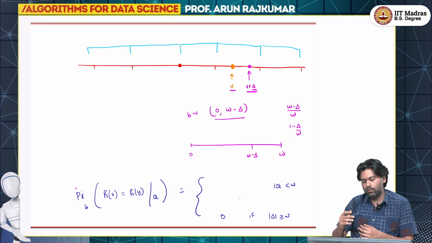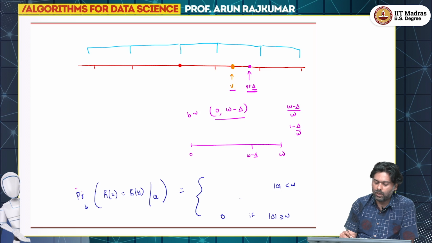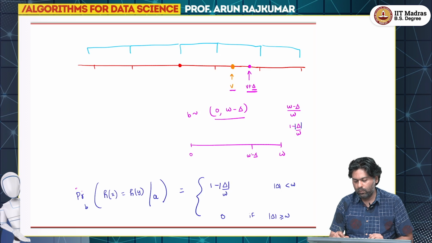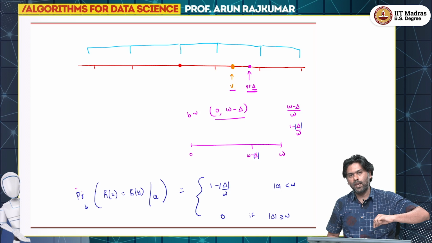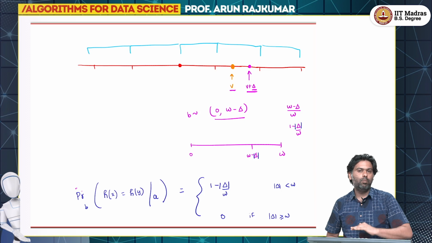Well, even after adding delta, I only have W minus delta remaining for B's possibility. So, that happens with probability 1 minus del by W, absolute value of del by W actually, right. So, del can be negative, so we are thinking of it as absolute value of del by W. So, this is the chance that if I fix A, a collision happens if I draw B at random.